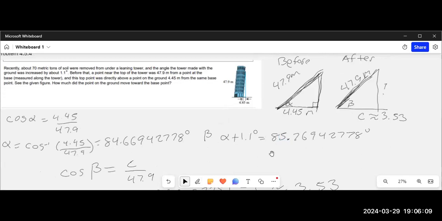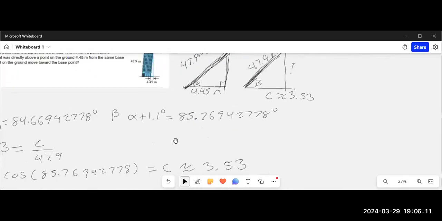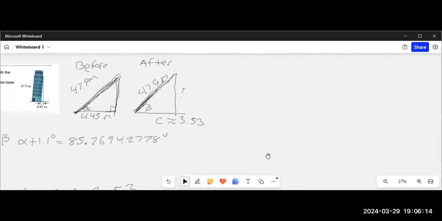Now we want to find the distance that the tower has moved. So we're going to find the difference between 4.45 and 3.53, which is 0.92, and that's in meters.